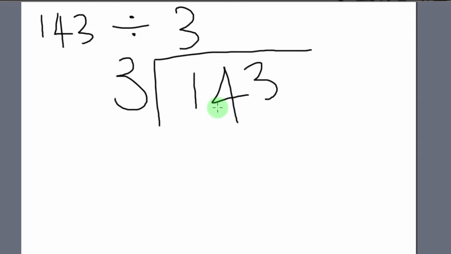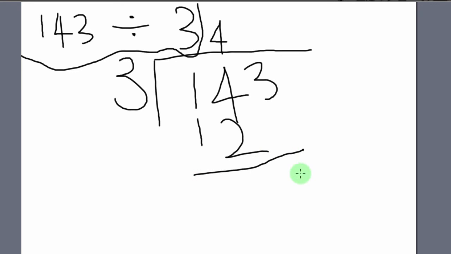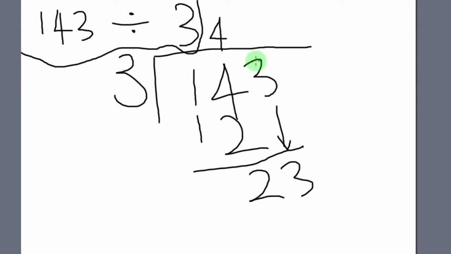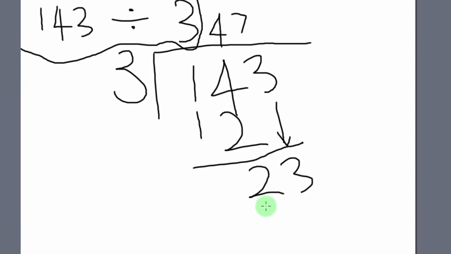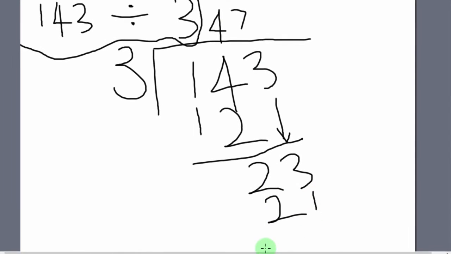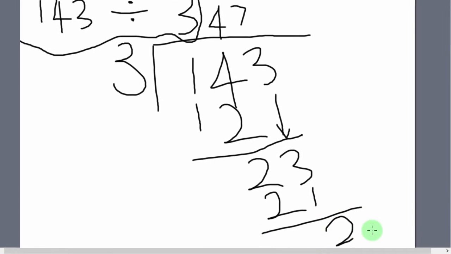We start from 1: 3 into 1, it doesn't go. 3 into 14, it goes 4 times. 4 times 3 is 12, and then we have a remainder of 2. Then we bring down 3. 3 goes there 7 times, which is 21, and then we have a remainder of 2.